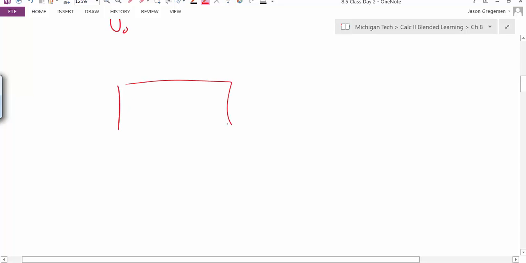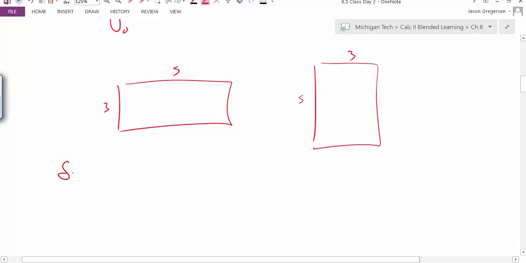So we have a 3x5 rectangular sheet, and one question is is it 3x5 or is it like this? In which case are we dealing with here? They tell us that the density per unit area at a distance x from one side of the length 5 is 1 over 1 plus x to the 4th.